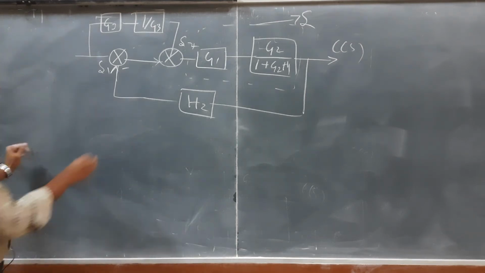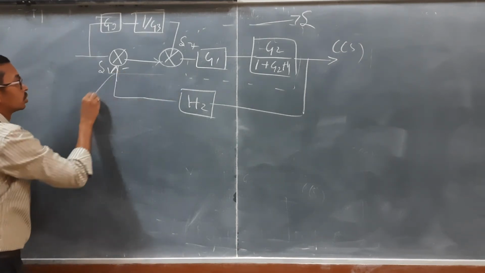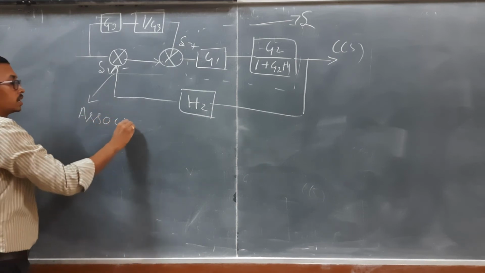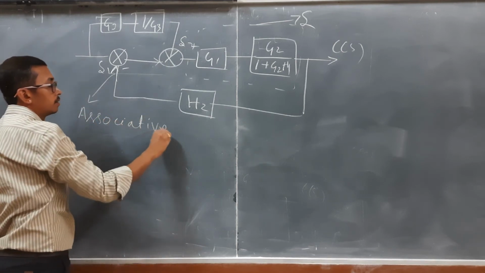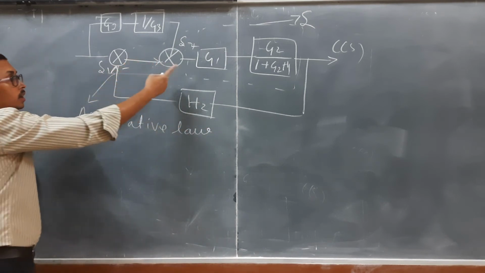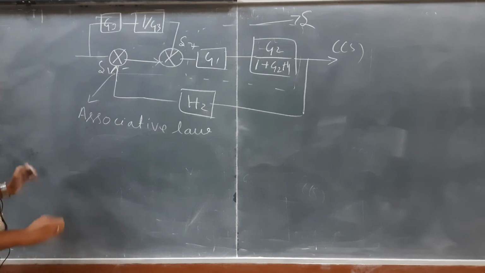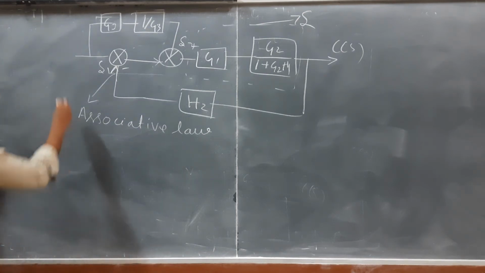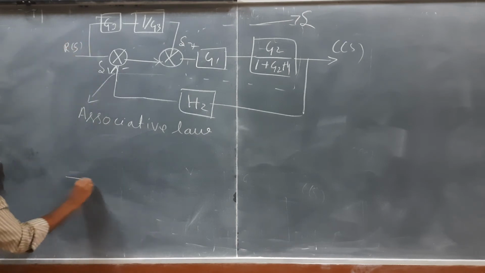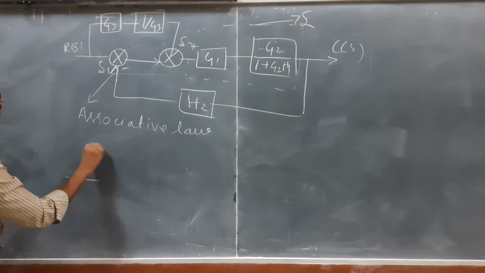So we are going to apply the associative law and interchange summing point 1 and summing point 2. Then I am going to rewrite this one. This is the R of S. This is an input.